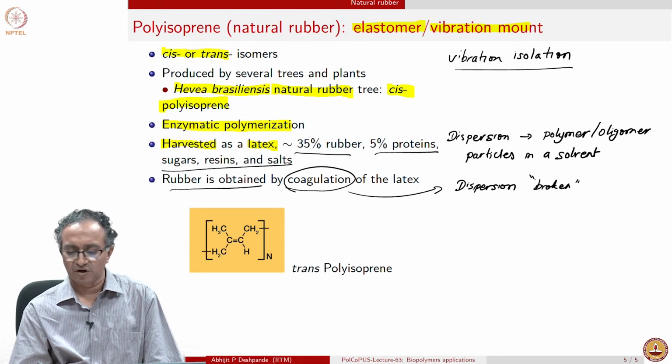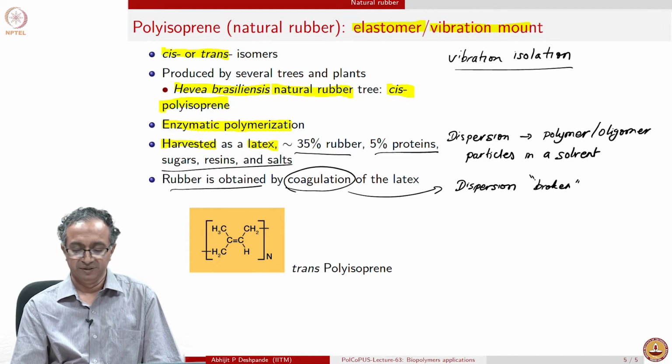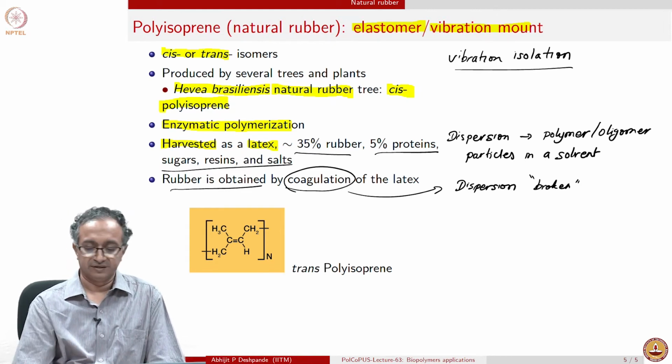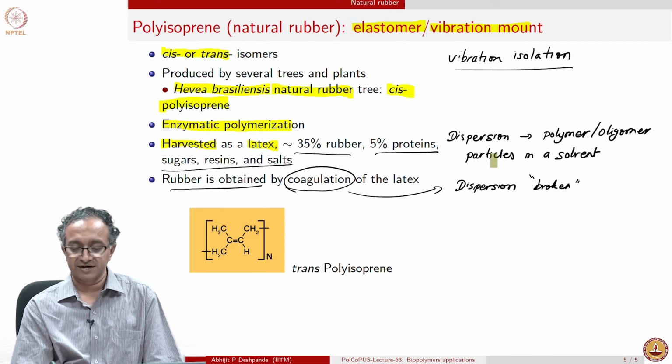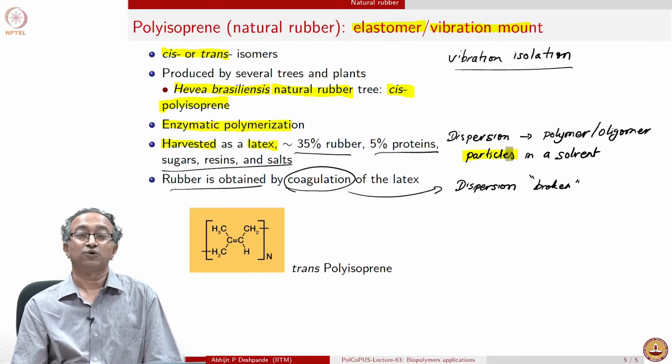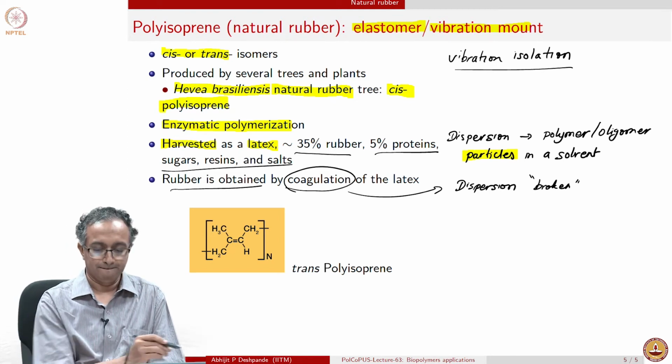Broken is a common English term, but coagulation is the term which specifies that these particles which were there will start coagulating with each other and exclude the solvent, and therefore, you can form the solid natural rubber piece.